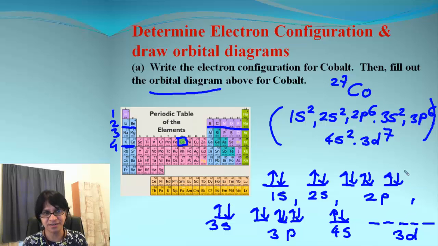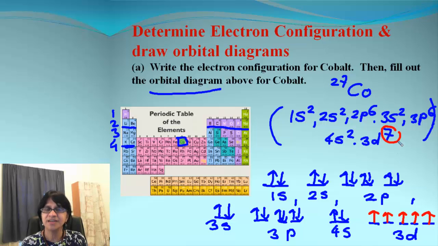Now when we come to d, look how many electrons we got there. We have 7 electrons. And what do we know about the rule? Hund's rule says that we need to have 1 electron in each orbital before we start pairing. So there goes the 3rd, there goes the 4th, there goes the 5th.